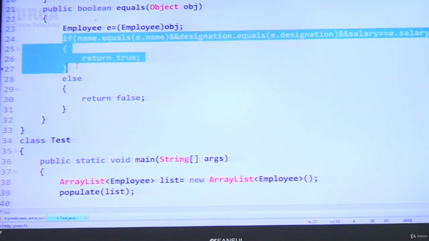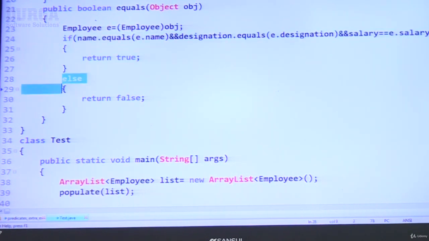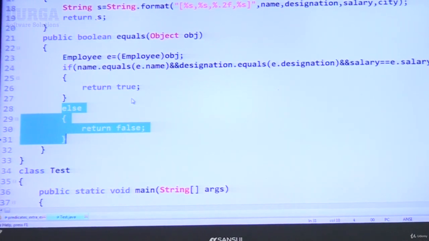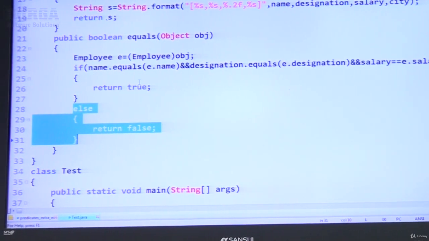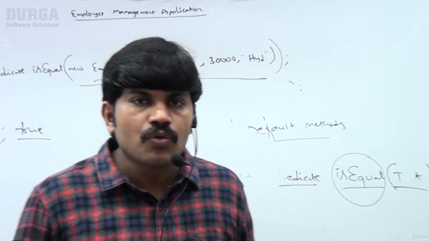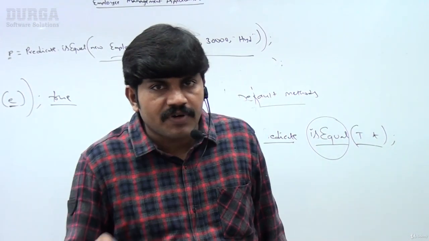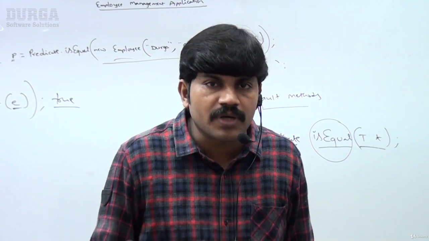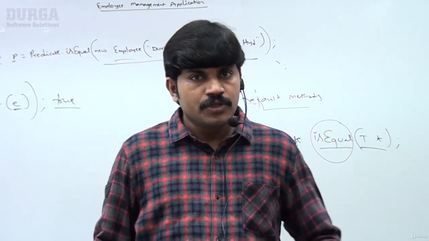Sir, if all properties are equal, return true, else return false. That's all. I hope you people have this knowledge of how to override the equals method. If you don't, just go through a YouTube video on the java.lang Object class, how to override the equals method, so that you have clarity.